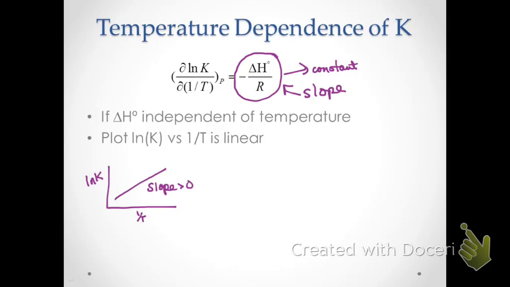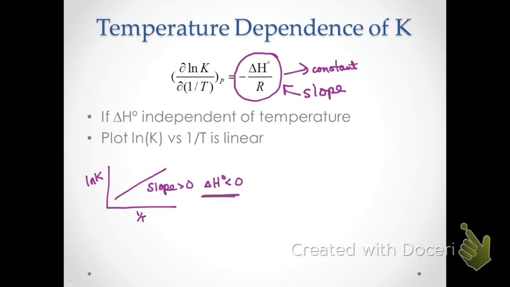So that means that negative delta H naught over R is greater than 0, which means that delta H naught is less than 0. So you can see from this plot that we are able to plot natural log of K versus 1 over T, and from the slope we can actually calculate delta H naught for the reaction.